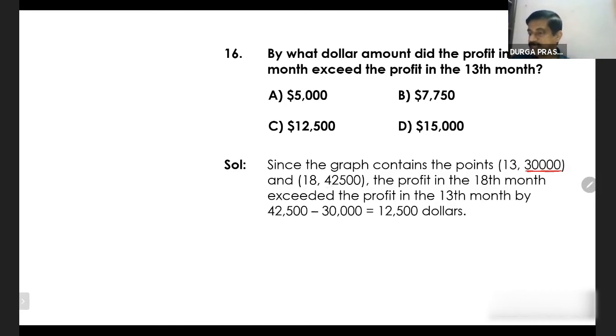And in the 18th month, it is approximately 42,500. So the difference in the profit, or how much the profit has increased: 42,500 minus 30,000, that is 12,500. So the option is C. Please move it fast. Quick change.